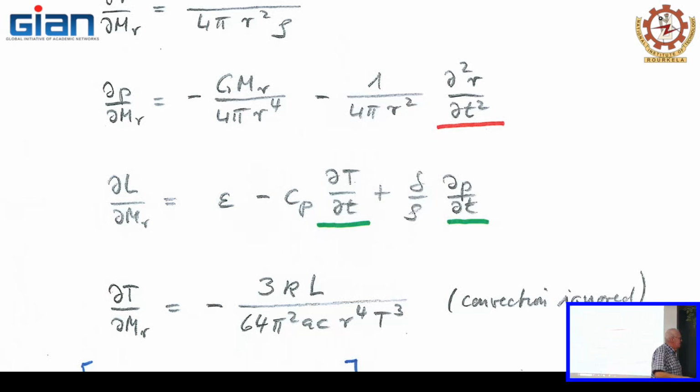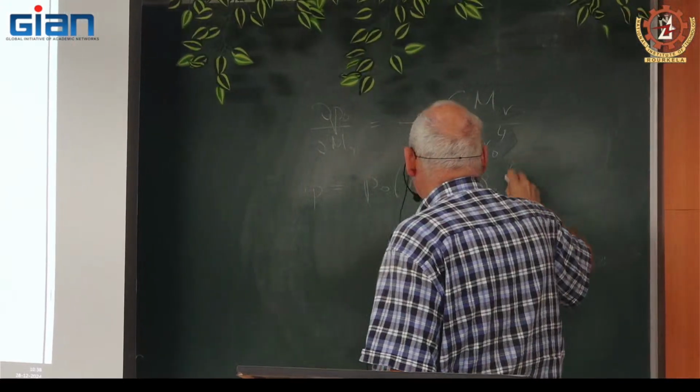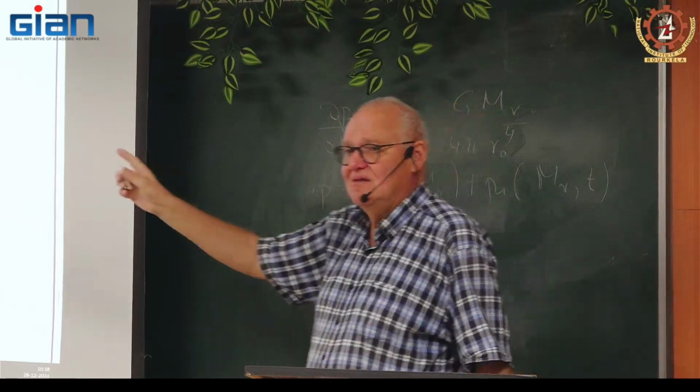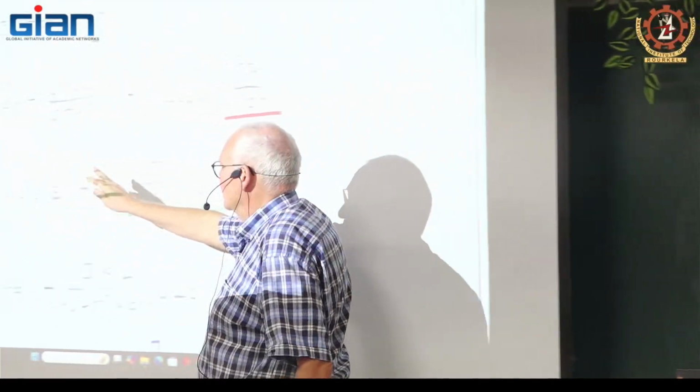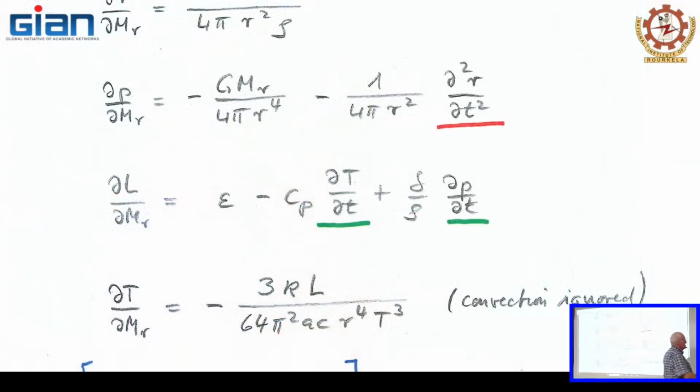Now what we do, we say the pressure P is P0 as a function of mr plus P1 as a function of mr and time. And we insert this into this quantity. So this dP by dmr is replaced by dP0 by dmr plus dP1 by dmr.